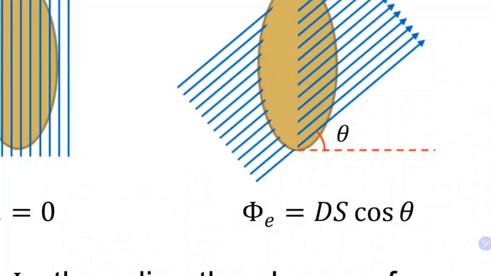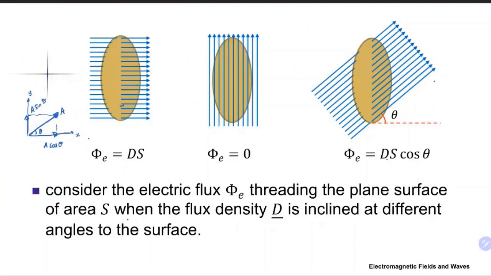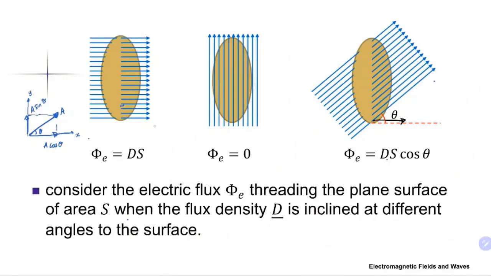So I have my field in an angle. Sine theta is the one that is perpendicular, so this gives rise to one component that is perpendicular to my surface, which is similar to this.